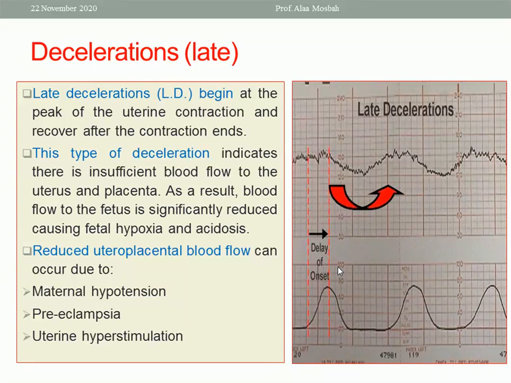As a result, blood flow to the fetus is significantly reduced, causing fetal hypoxia and acidosis. Reduced uteroplacental blood flow can occur due to preeclampsia, maternal hypotension, uterine hyperstimulation, or other causes. So, late deceleration is an alarming sign. Take care about late deceleration.